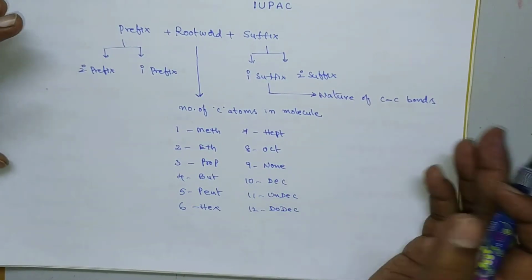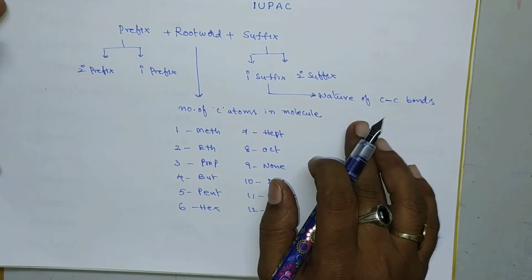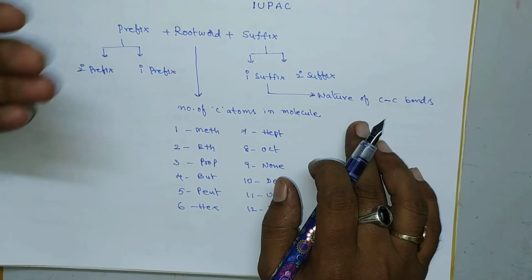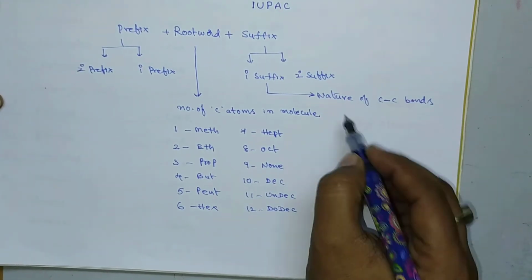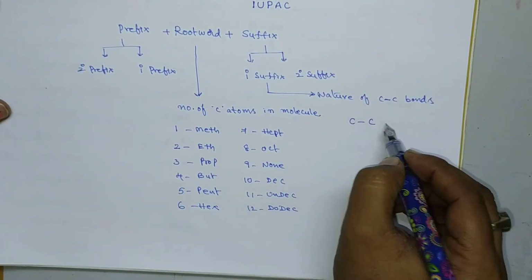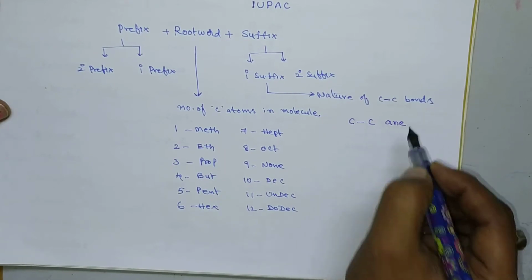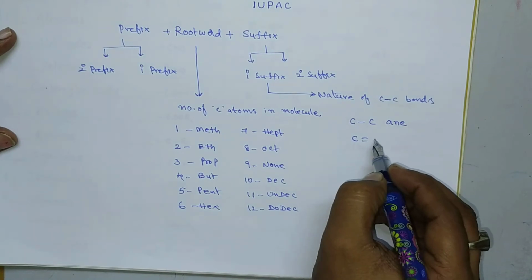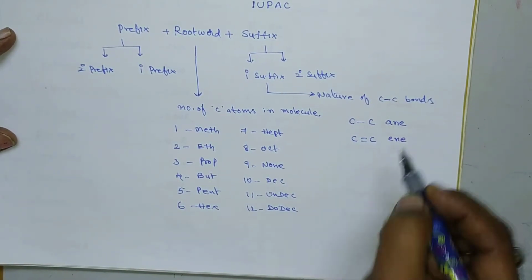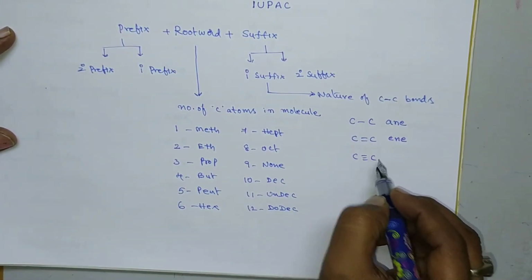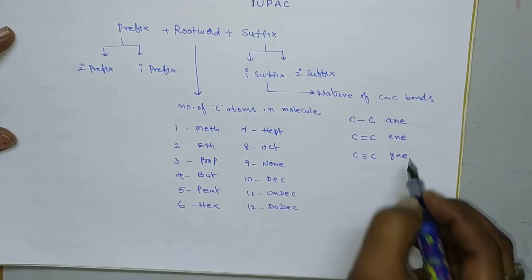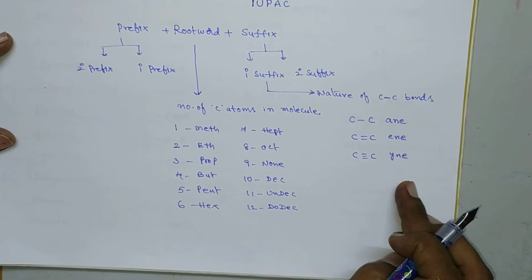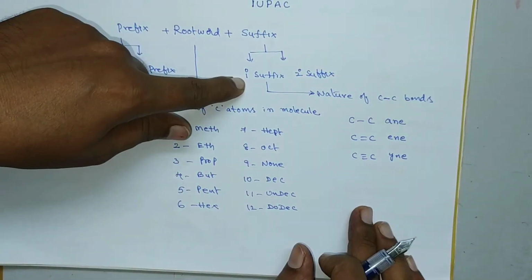A carbon-carbon single bond is called a saturated molecule. Double or triple bonds make it an unsaturated molecule. For a carbon-carbon single bond, we write ANE as the primary suffix. For a carbon-carbon double bond, we write ENE. For a C triple bond C, we write YNE.